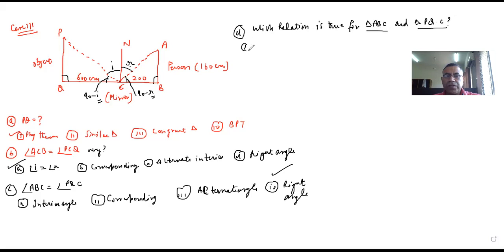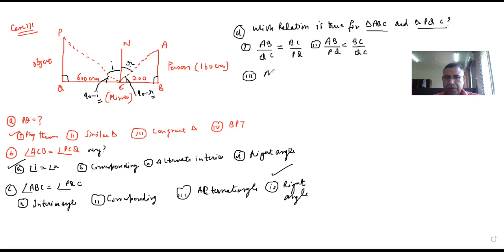The first relation is given: AB upon QC, which is equal to BC upon PQ. Second relation, AB upon PQ, BC upon QC.